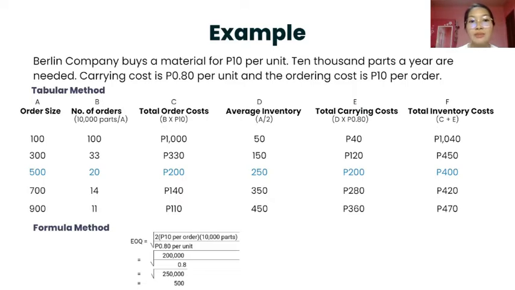In using the tabular method, we need to plot 6 columns.